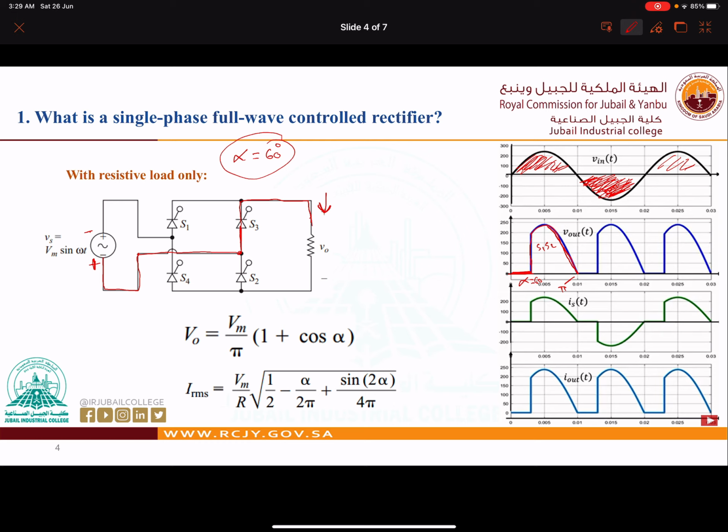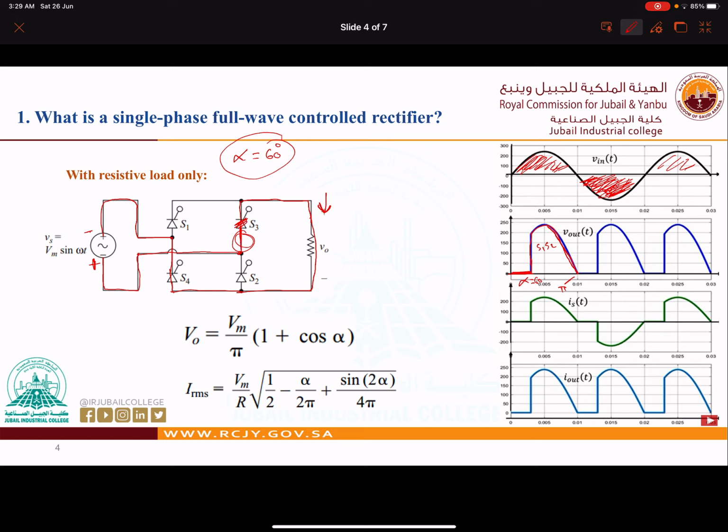Of course, it will not go through S2 because this wire is fully charged with the positive cycle. After that, it will go through S4 and back to the supply. This is for the negative cycle.